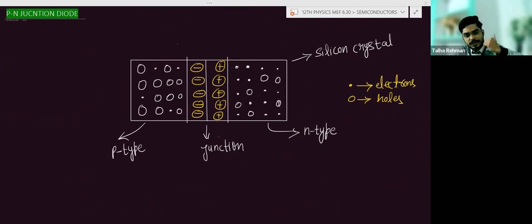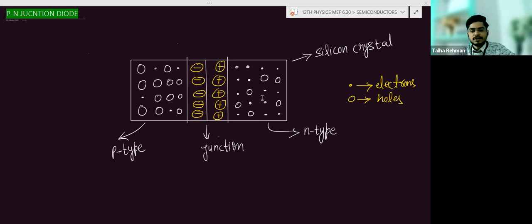Suppose we are doing doping in N type, so the more doping we do, the more electrons will be here, and more concentration difference on both sides. So there will be a flow of more electrons from here to here.